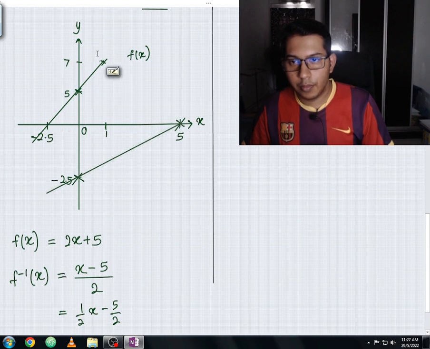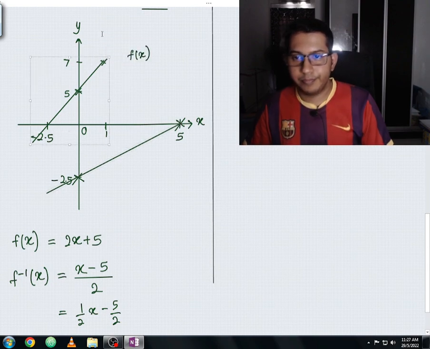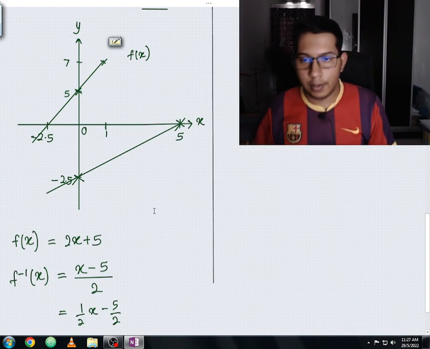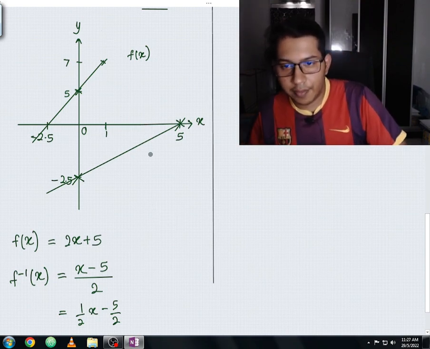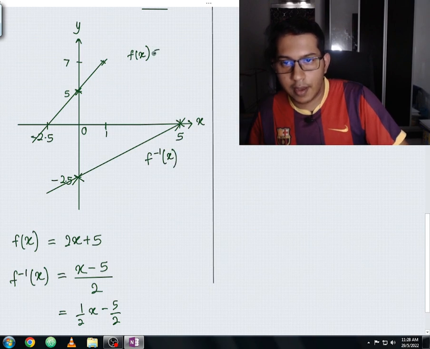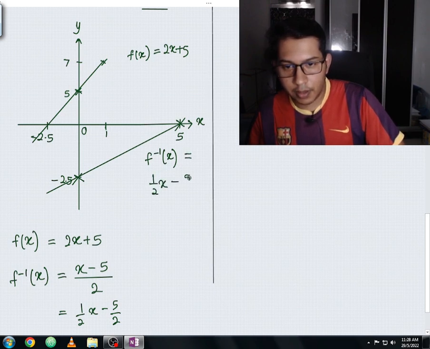So this is the graph of f inverse x. Where your fx is equal to 2x plus 5, your f inverse x is actually equal to half x minus 5 over 2.